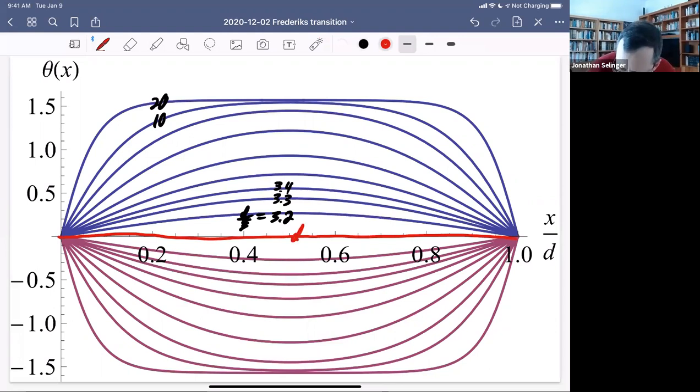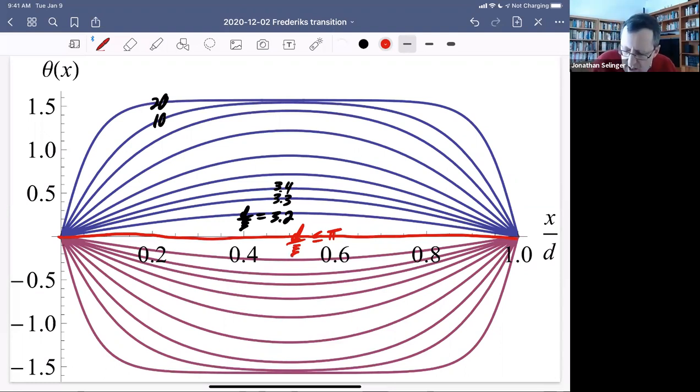So here, this is d over psi less than or equal to pi. Pi is a special critical value for this ratio. If the ratio is less than pi, then the director just stays in the z direction in spite of the magnetic field.